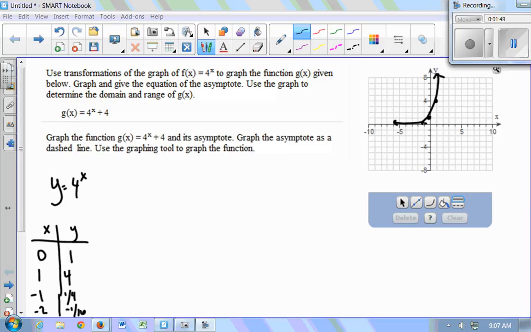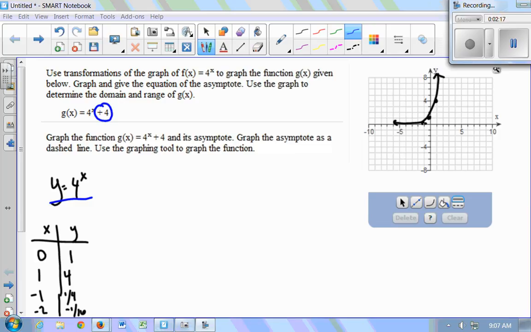Okay. So now if I want to graph 4 to the x plus 4, is that plus 4 an inside or an outside change to the equation y equals 4 to the x? Outside change, and you were just saying that means it's going to go vertically up. Yeah. So any kind of outside change to the equation is going to be a vertical change to the graph.